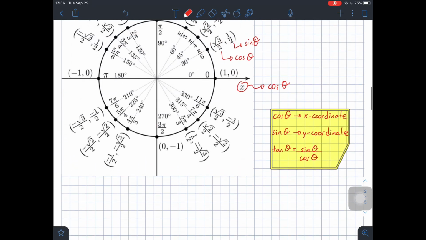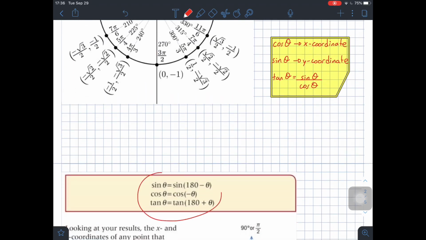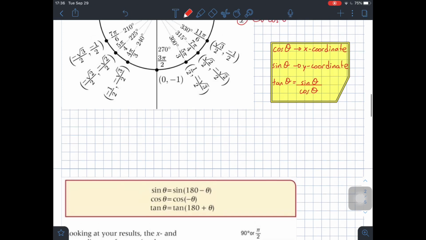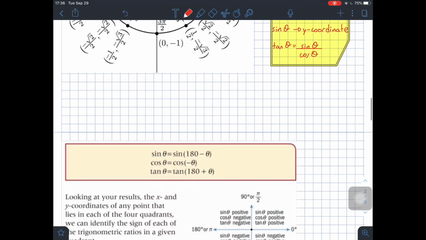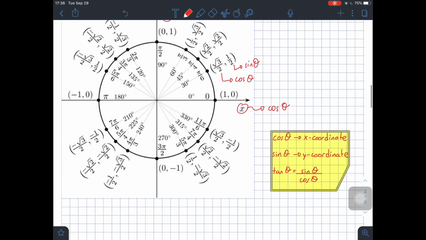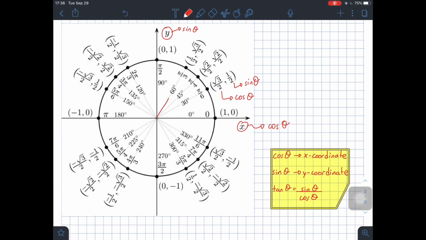Okay, so from this demonstration, look at this relationship. It says that sine of theta equals sine of 180 minus theta. So that means that the sine in the first quadrant is equal to the sine in the second quadrant, or the sine in the third quadrant is equal to the sine in the fourth quadrant. That means that, for example, if we look at this triangle formed here for 60 degrees, you see that its y coordinate is square root of 3 over 2.